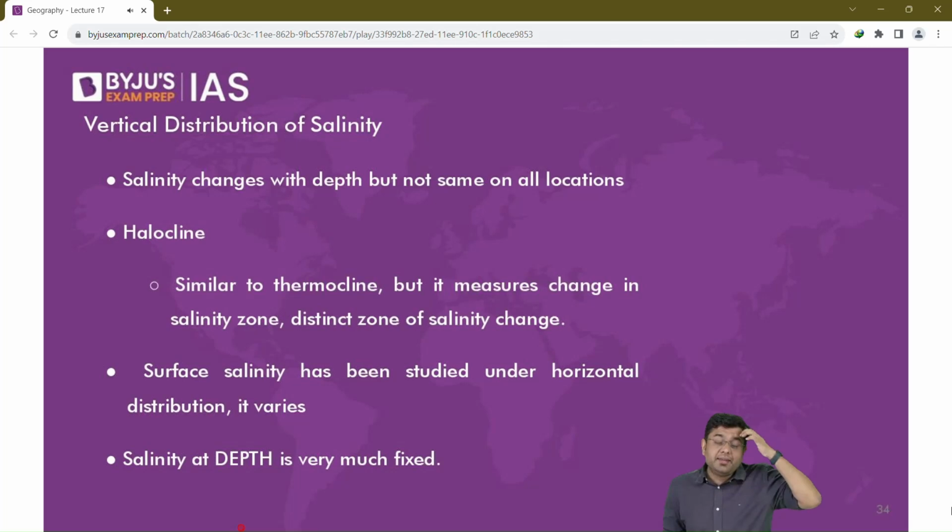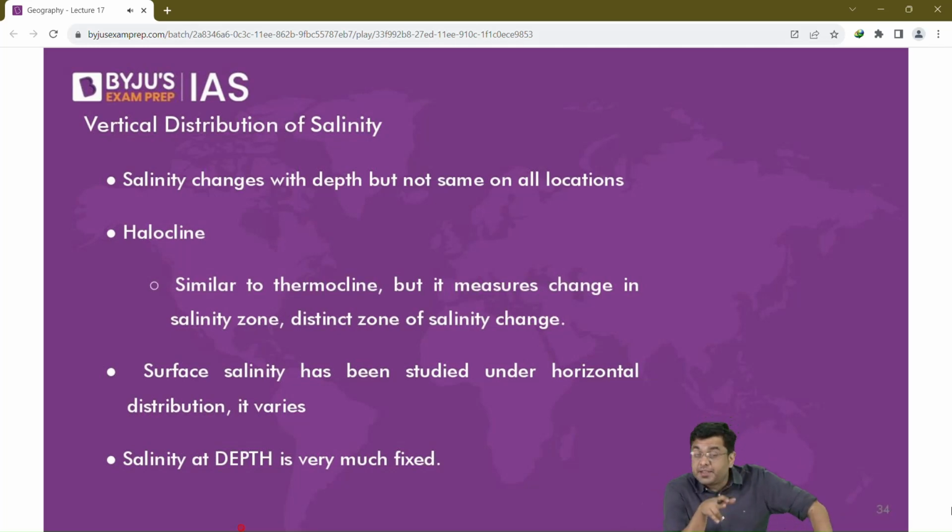But all these, as we have seen earlier, are surface phenomena: melting and freezing of ice and glacier, influx of river water, etc. They won't be impacting the depth of the ocean. These are all major surface phenomena. So salinity at the surface will vary from one latitude to another, but salinity at the bottom will largely be consistent.